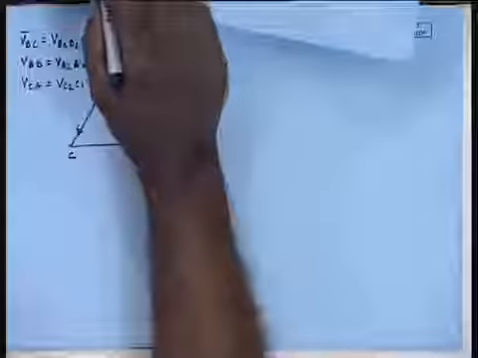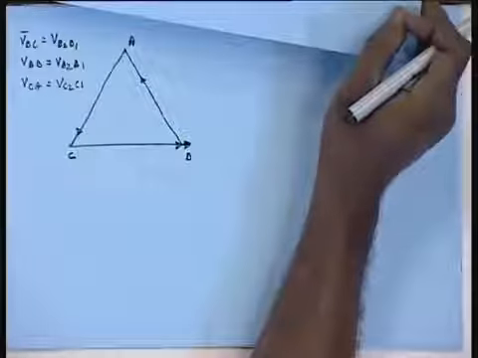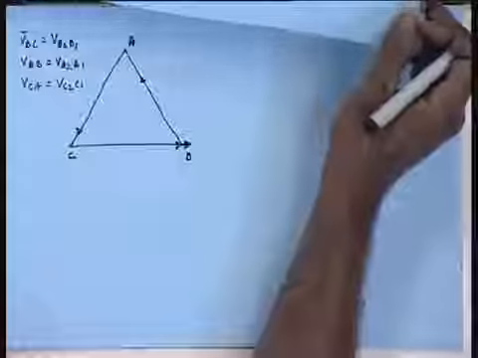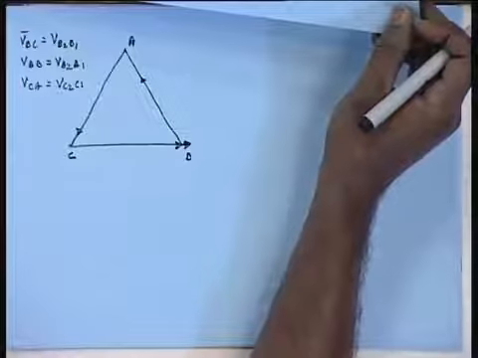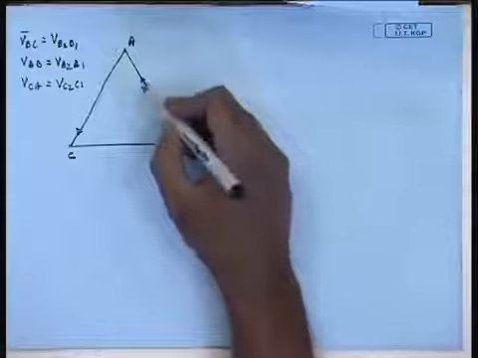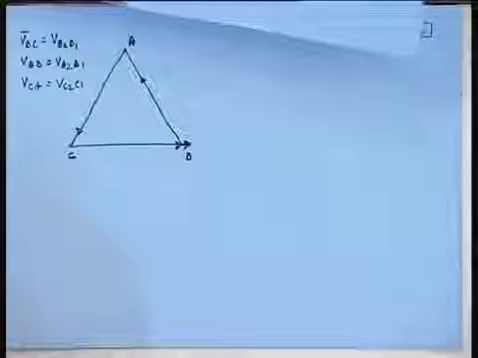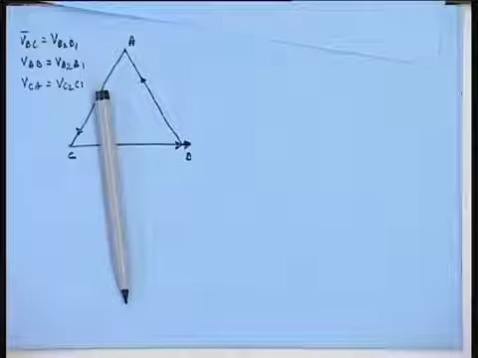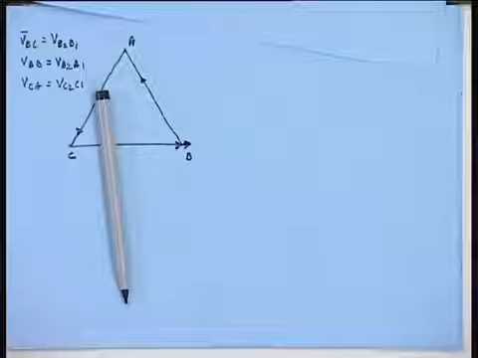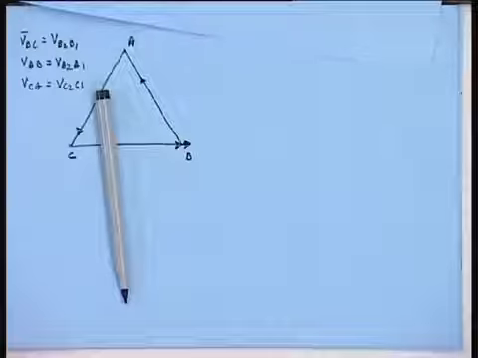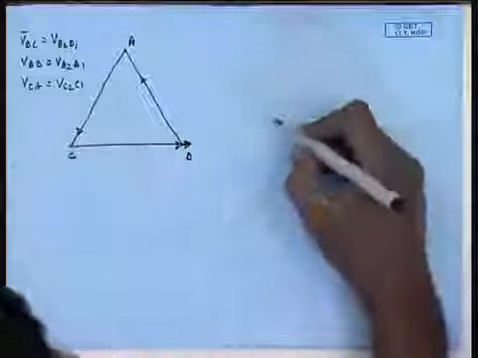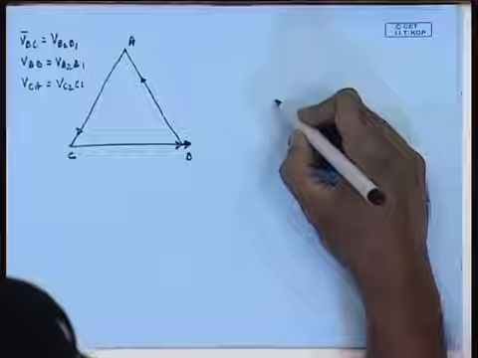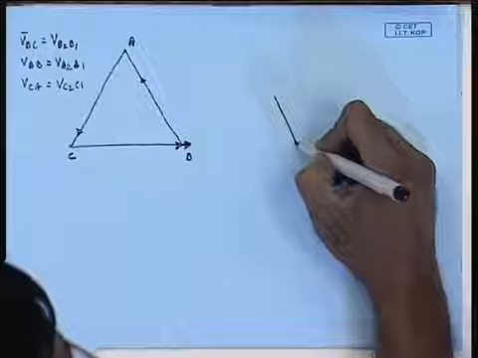So, the potential VA1A2 will be in phase opposition to voltage VA2A1, that is voltage VAB. So, this will be the phasor VA2A1.